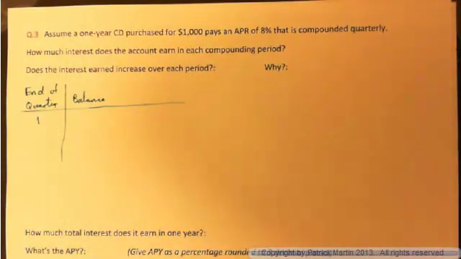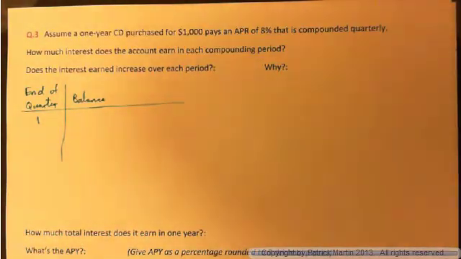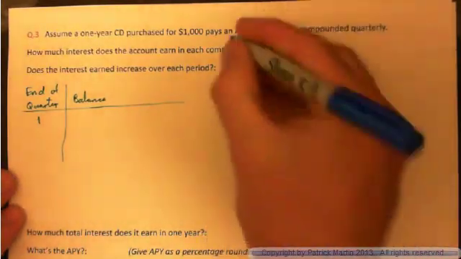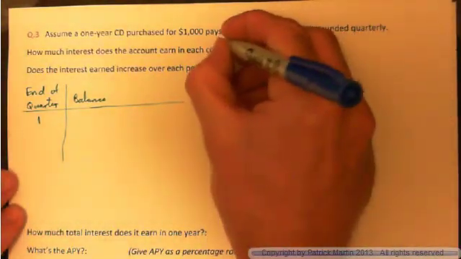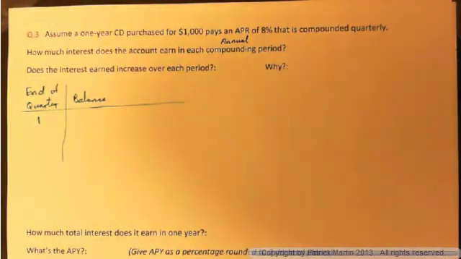Okay, so in order to calculate the balance, we have to think about what interest rate we're going to use, because 8% is the annual percentage rate. That's the rate you would use if you were compounding annually. But to compound quarterly, you have to take the APR and turn it into a quarterly interest rate.